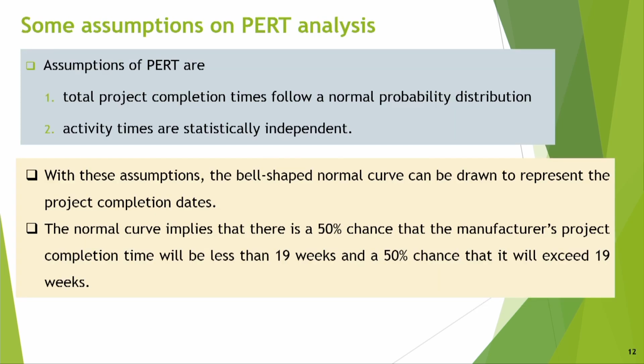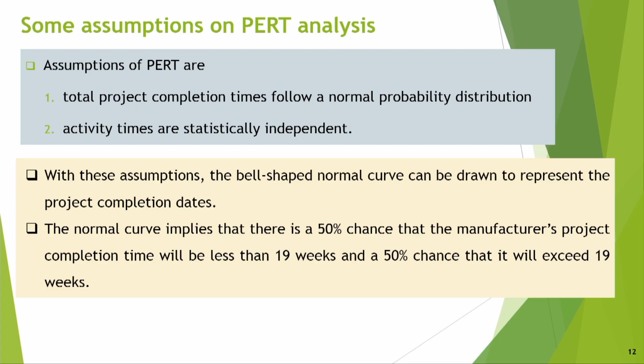So, what assumptions have we implied in PERT analysis? Assumptions of PERT are that total project completion times follow a normal probability distribution. Okay. So, we consider that whatever estimate we are getting, they are following normal probability distribution. Activity times are statistically independent. Okay, that means they are independent of each other.